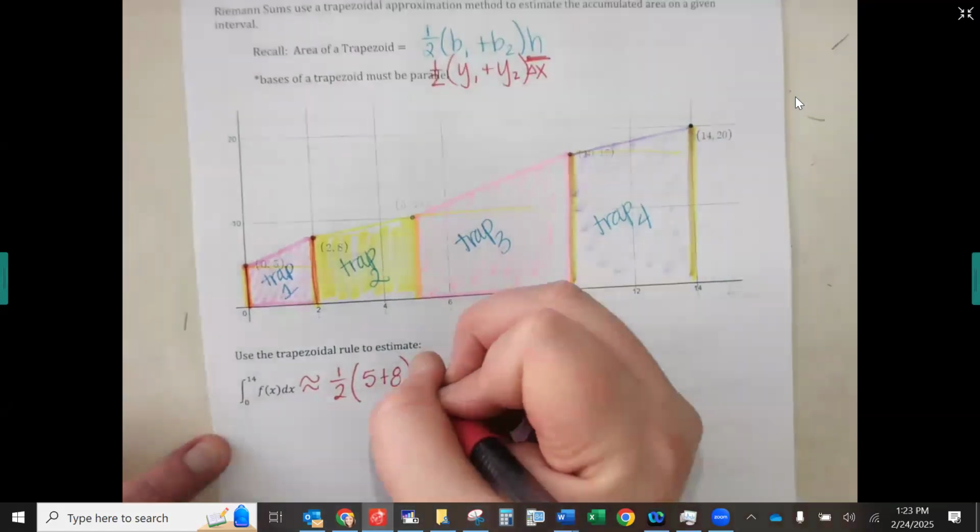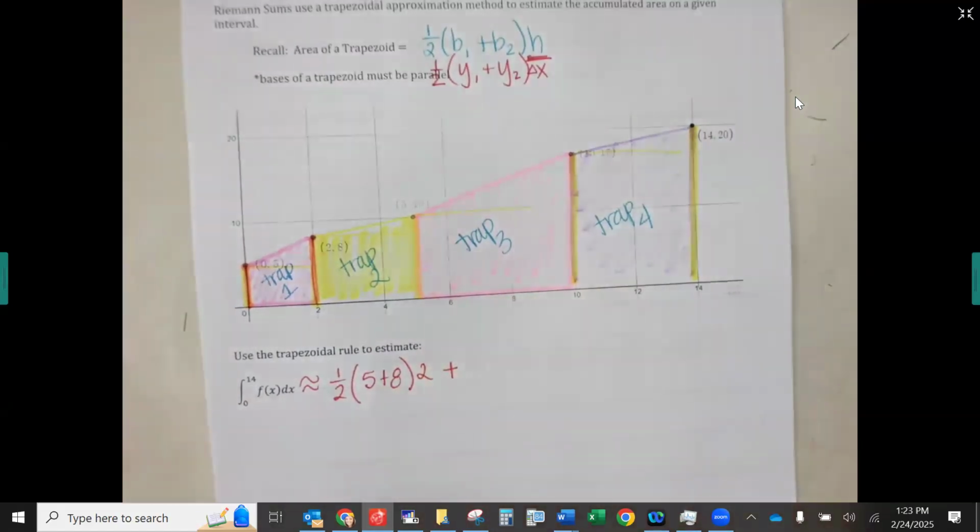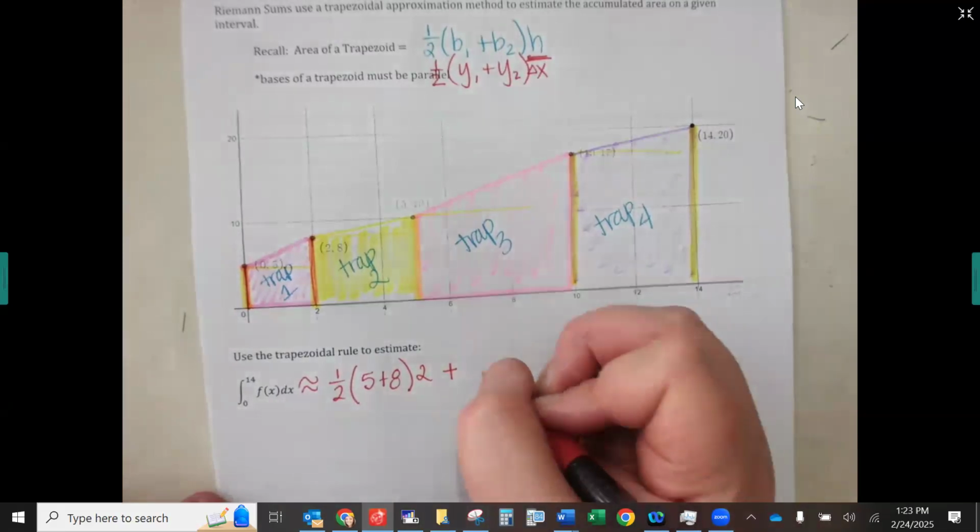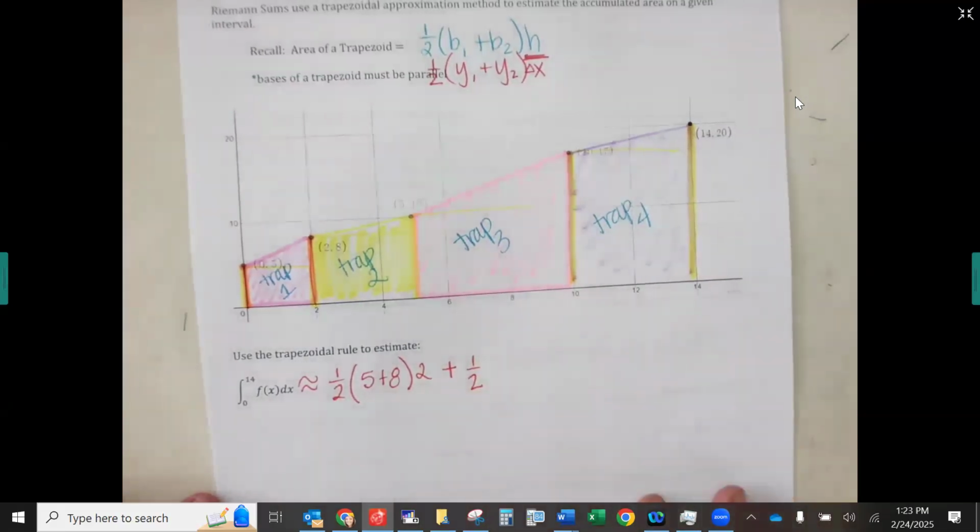2 plus. Now we're on to trapezoid number 2. Put your 1/2 in the front. I'm going to add both of the y values, but notice that for trapezoid number 2, what is its first base? 8. So 8 was already base 2 for the first trapezoid, but now I'm reusing it as the first base for the yellow trapezoid.